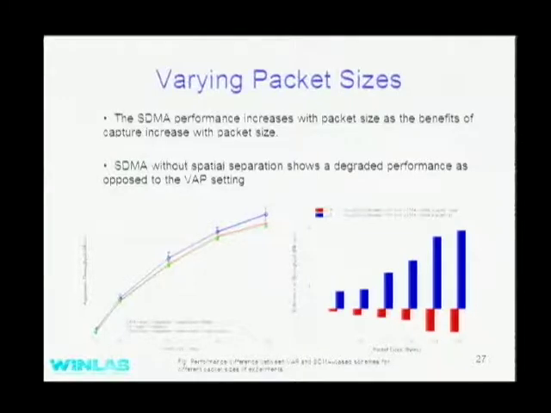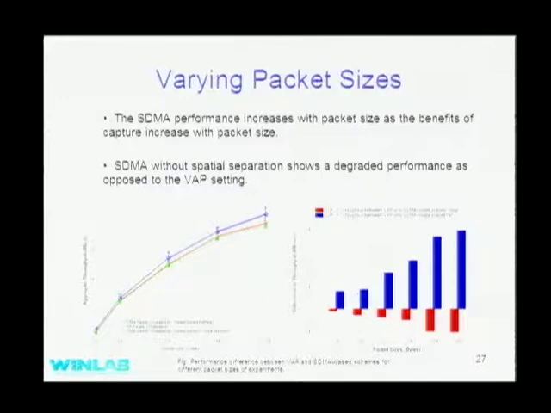We vary the packet size of experiments. Again, you can see that the SDMA with spatial separation performs better than the virtual access point, and the difference in performance increases with packet size. That is because capture effect is more prominent with larger packet sizes.